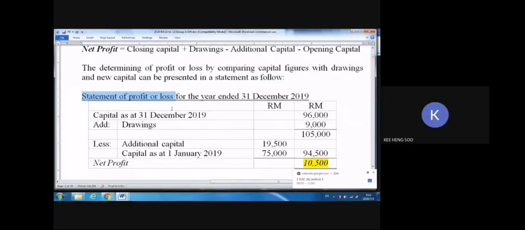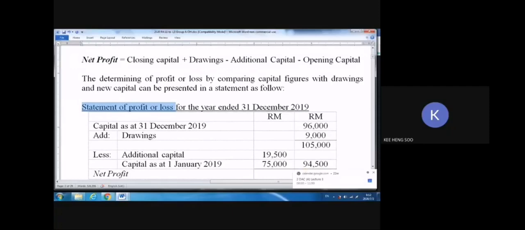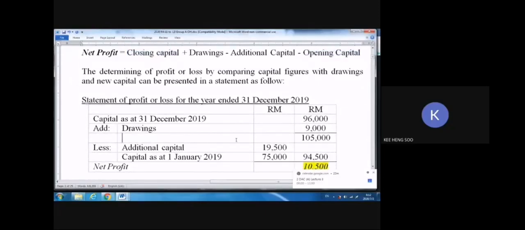I told you already, this is a single entry income record. We apply this formula of closing capital minus opening capital. But the students told me that it's very confusing. So I had a discussion with my tutor. My tutor suggested that I change the title. Those who never listen, I will still accept your topic, statement of profit and loss.